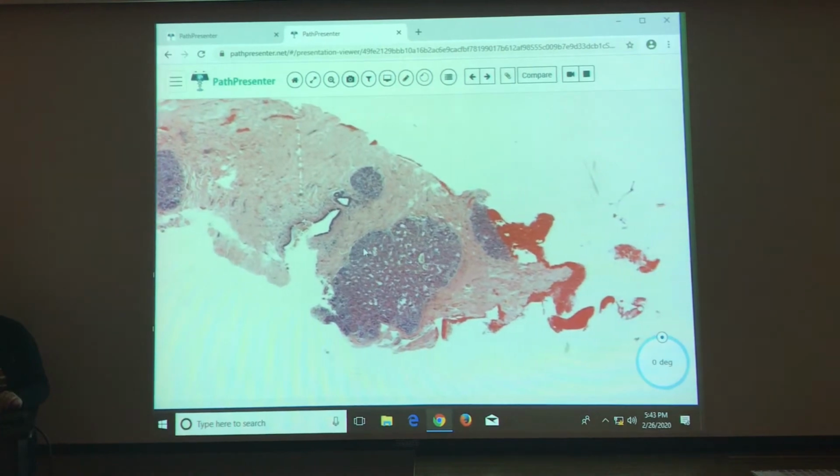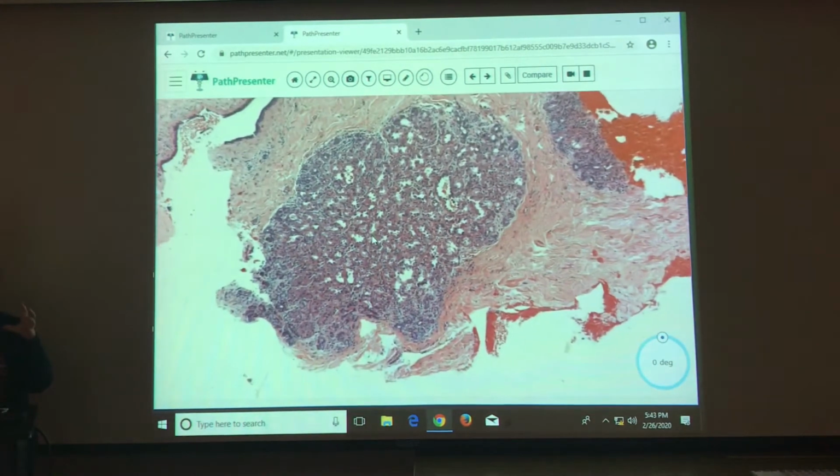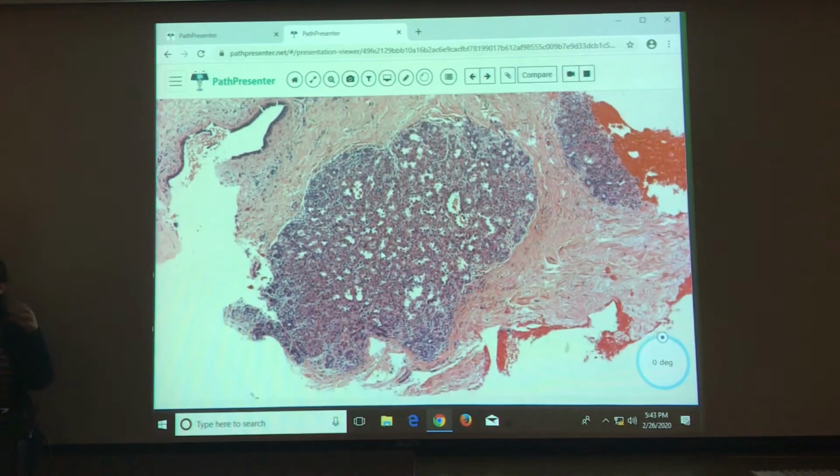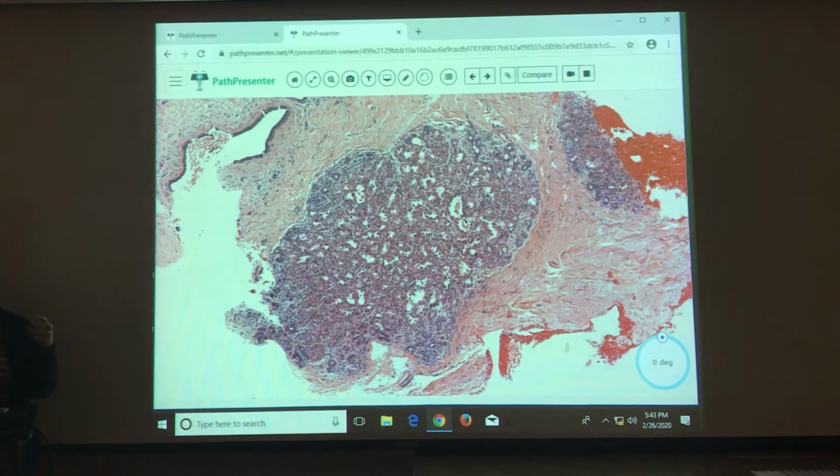So this is like a whole lobule unit, right? What happens is because of all the hormones, the glands kind of go crazy and start proliferating, and they get all this secretory change and plump up with all these secretions. You can get full-out nodules that we call lactational adenomas.